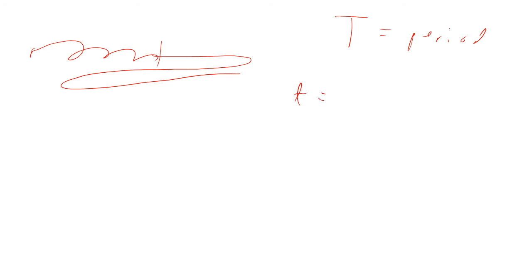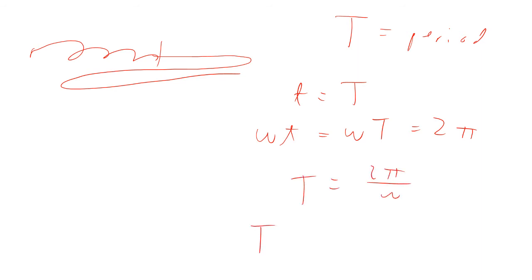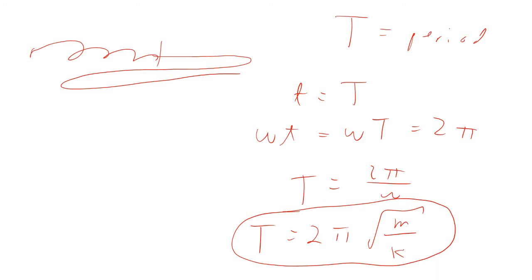So if T is equal to 1 period, then omega T, which is omega times T, has gone through a cycle of 2 pi. So the period is 2 pi over omega, or in other words, the period is 2 pi square root of m over k. So that tells you the period of oscillation.